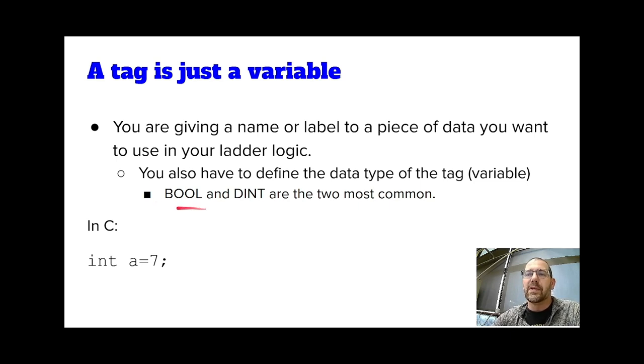The two most common that we're going to use are a bool, which is boolean, which is just true or false, on or off, or a dint. I think that's a double integer, so maybe it's a 32 or 64-bit. I don't know. Maybe it's only 16. But a certain number of decimals in an integer, where each digit could potentially be a bool, but that's a separate thing. So a tag is just a variable.